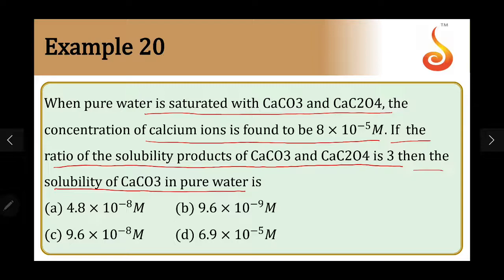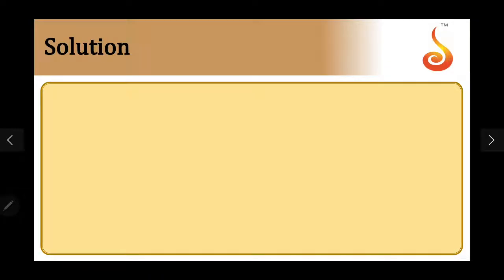So I have to get Ksp of calcium carbonate. So what we'll do now, go to the solution. Pure water is added with calcium carbonate and calcium oxalate. We'll write the two equations. CaCO3 gives rise to Ca2+ and CO3 2-.